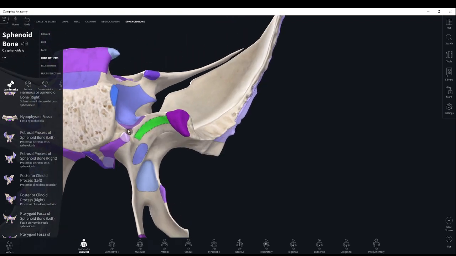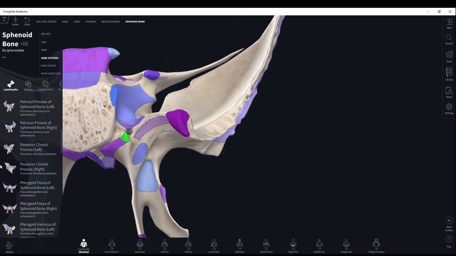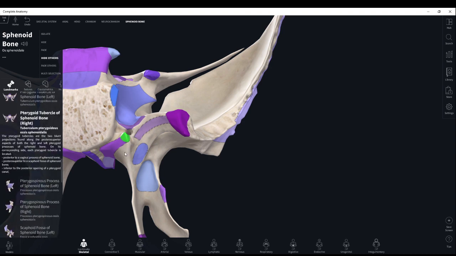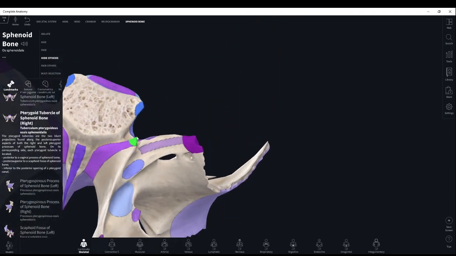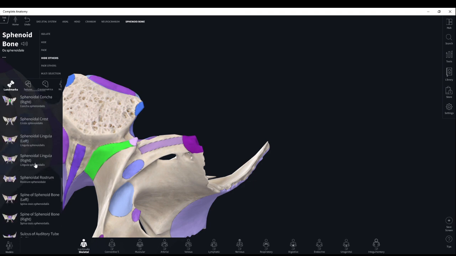Below it, you can see the pterygoid tubercle of the sphenoidal bone, which continues to the vaginal process.